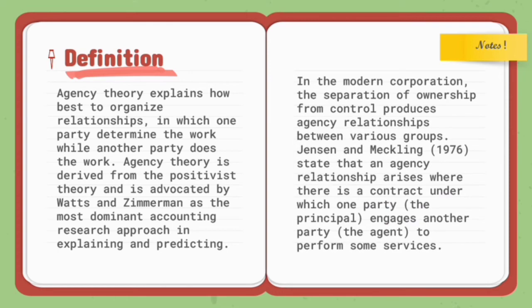In the modern corporation, the separation of ownership from control produces agency relationships between various groups. Jensen and Meckling, 1976, state that an agency relationship arises where there is a contract under which one party, the principal, engages another party, the agent, to perform some services.